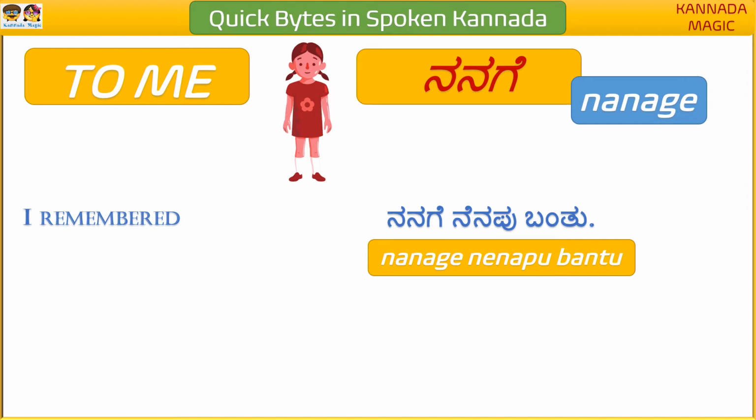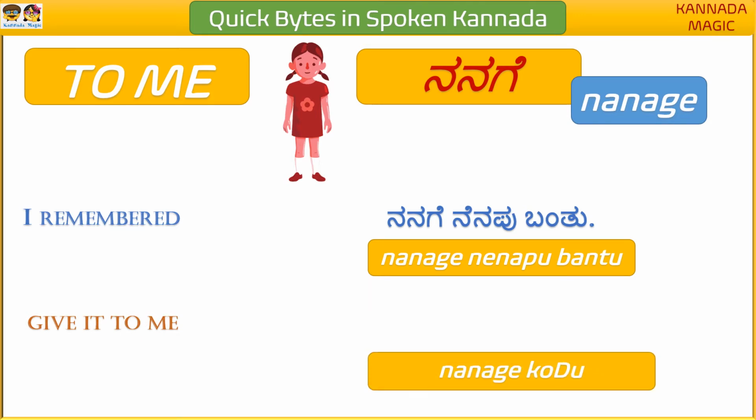Give it to me. Nanage kodu. Repeat after me. Nanage kodu means give. So here nenapu means memory or remembering something. Bantu means it came. So nanage nenapu bantu means I remembered that. Give it to me means nanage kodu. Kodu means give to me.